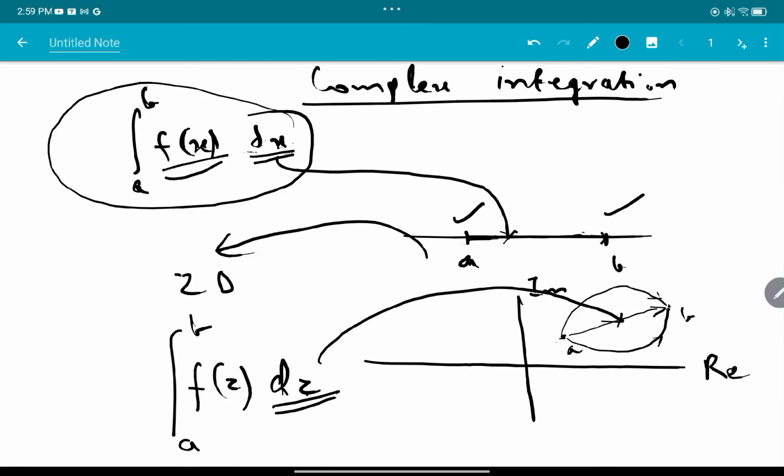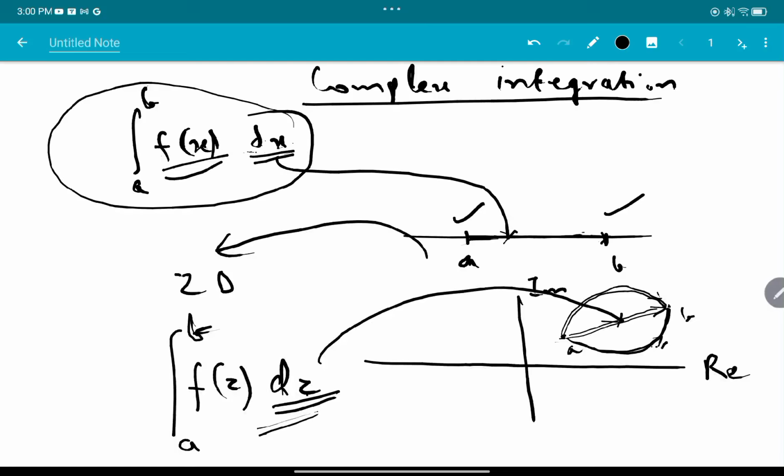But there are many cases in complex integration, and very common cases, where the integral along one path gives one value, and the integral along another path gives another value. This means that in complex integration, the path is important. The same integral may give different values along different paths, so you just cannot ignore them.